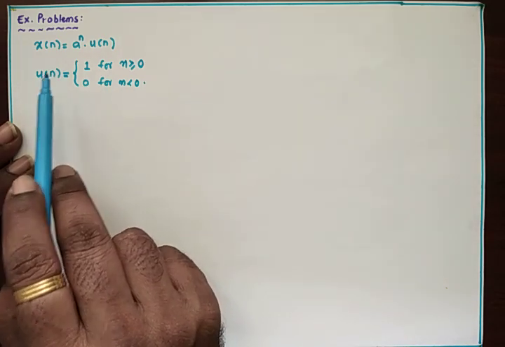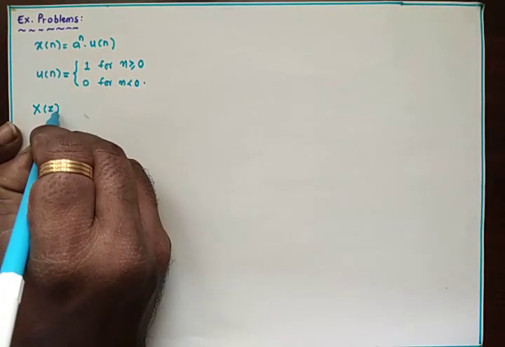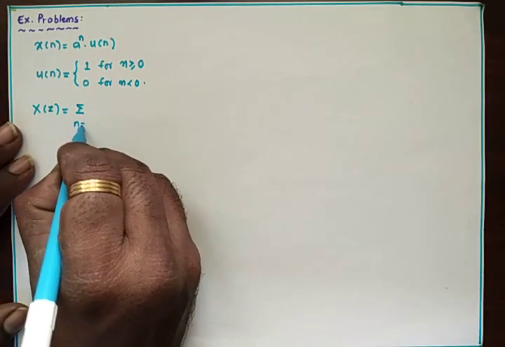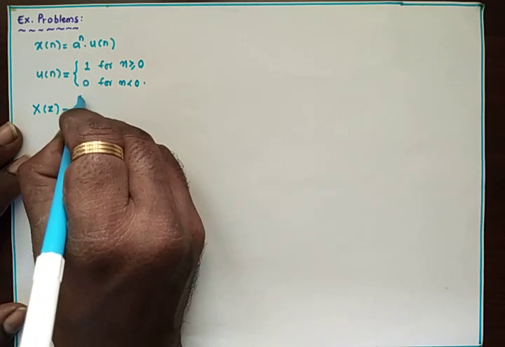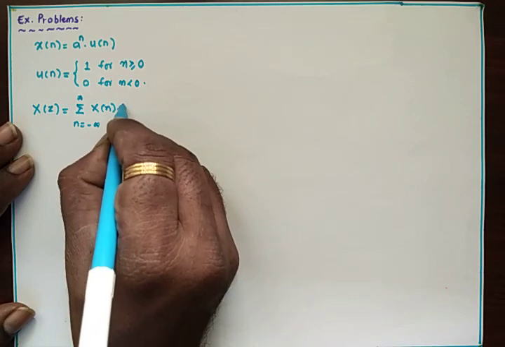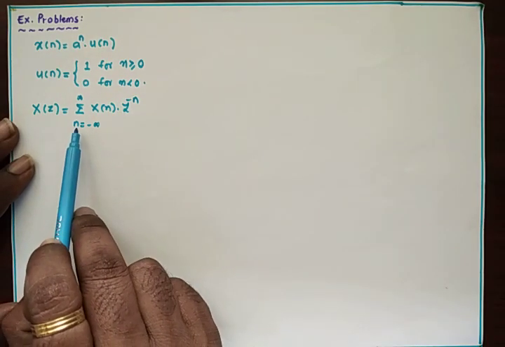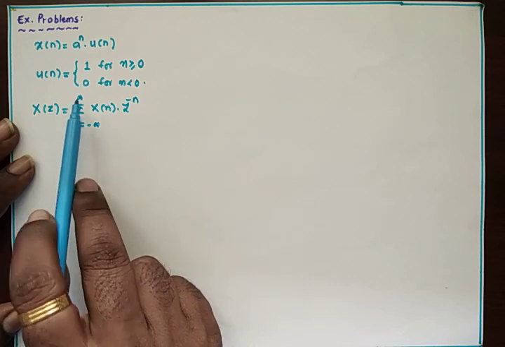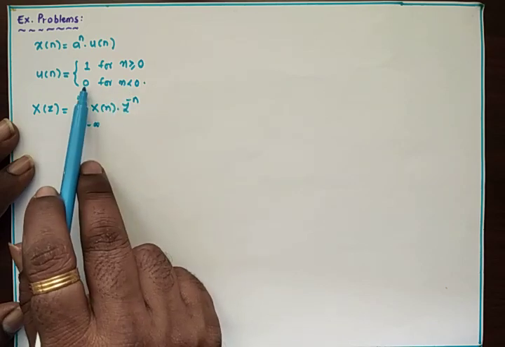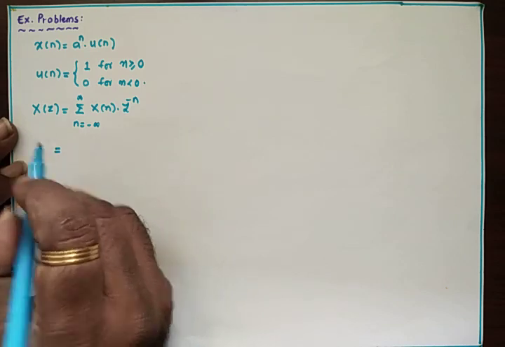If I go with the standard formula of Z transform, that is x of z is equal to sigma n equals minus infinity to plus infinity of x of n into z to the power of minus n. If I take the limits from minus infinity to 0, the value is 0 only, so no need to take minus infinity to plus infinity.